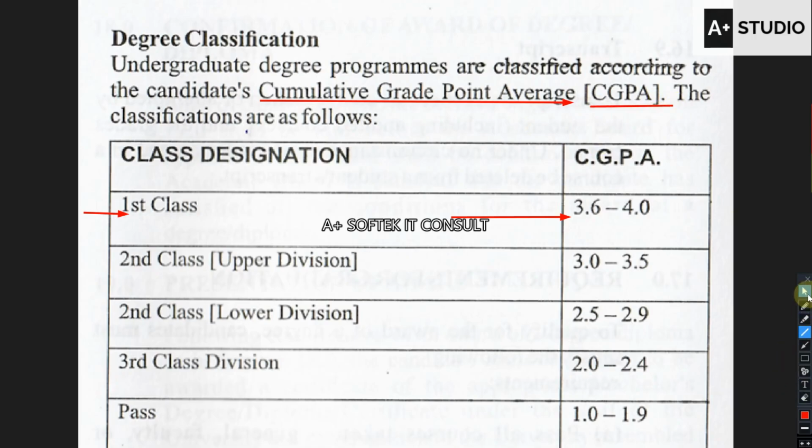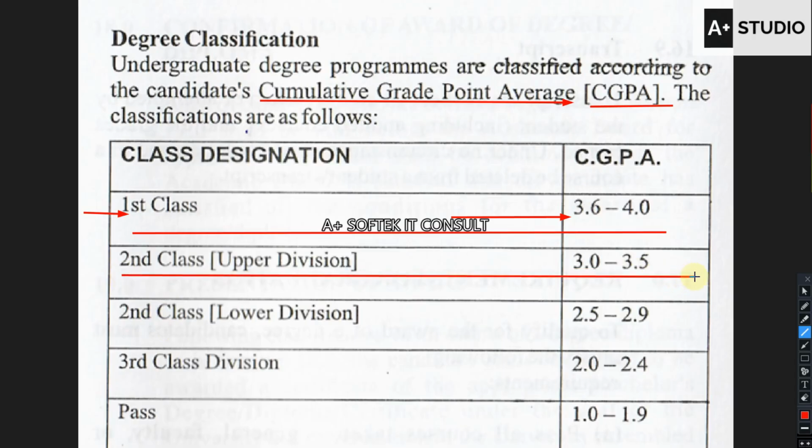So at the end of the whole 4 years at the university, in order for you to get a first class, you must fall within the range of 3.6 to 4.0. If you don't understand this yet, we are going to do the calculations for us to understand what this means. At the University of Cape Coast, second class upper is going to fall within 3.0 to 3.5, and the next one, second class lower division, is going to fall within 2.5 to 2.9.